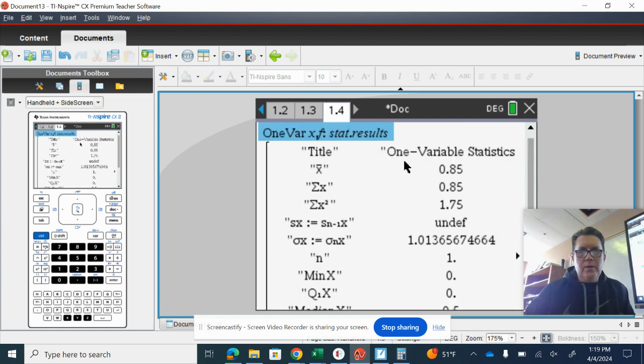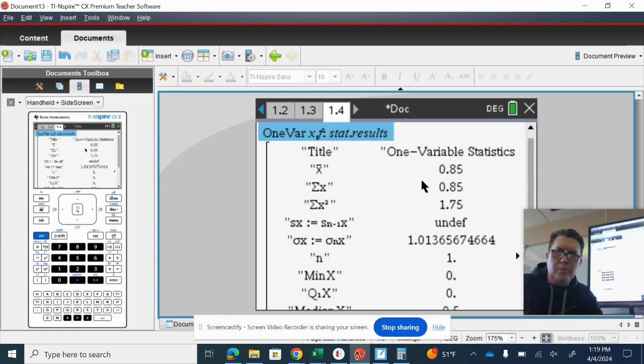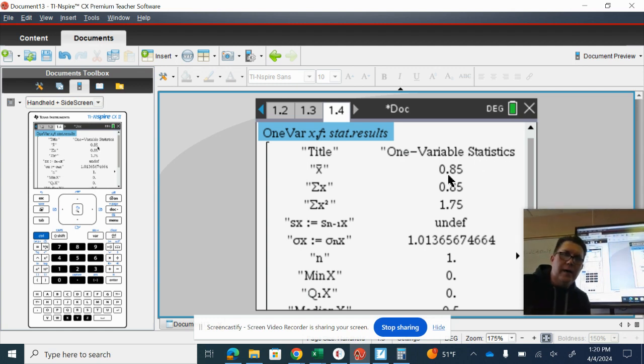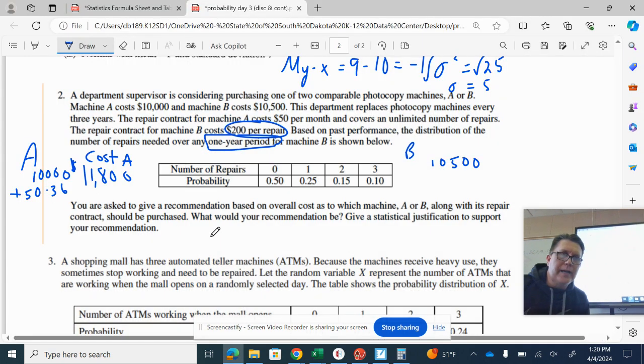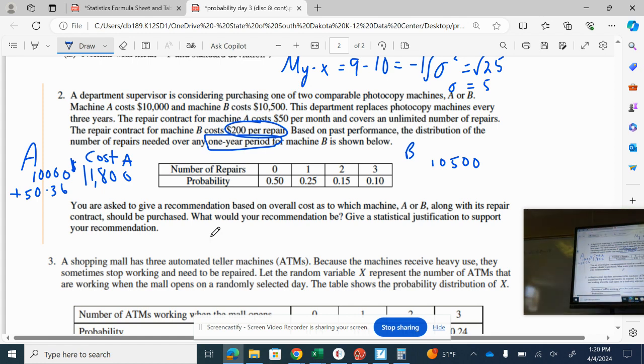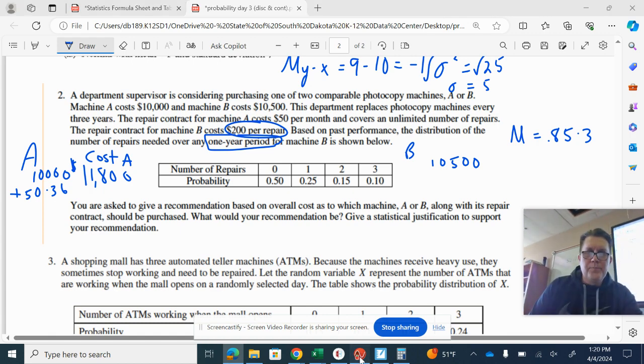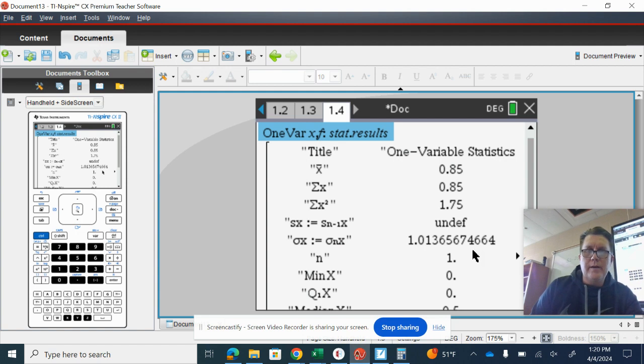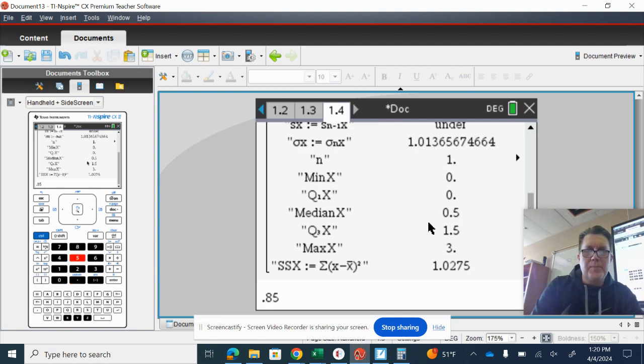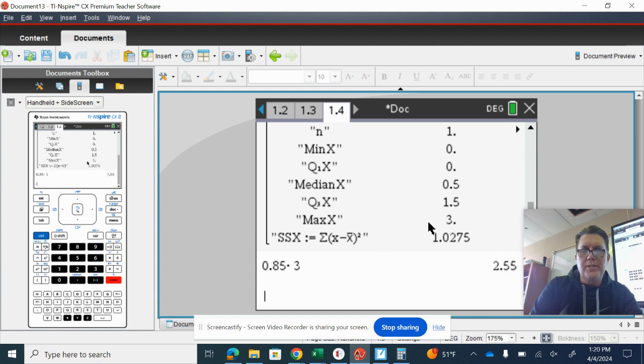Okay, so the mean for any 1 year period needs to be 0.85 repairs. So we would expect the mean in any 1 year period to be 0.85, but you're going to do that for 3 years. So over a 3 year period, again, times 3, because this is how many repairs in 1 year, but we're going to own the copy machine for 3 years.